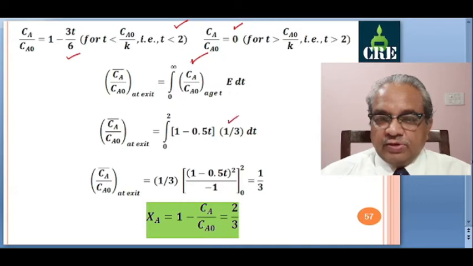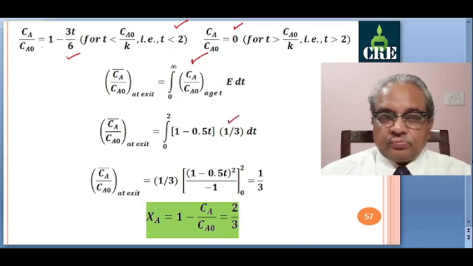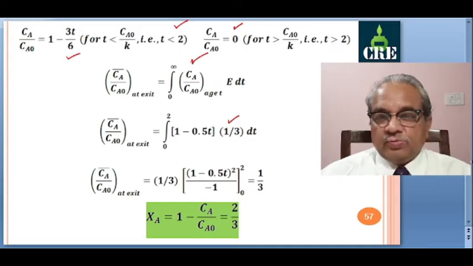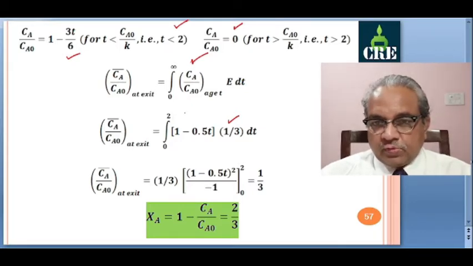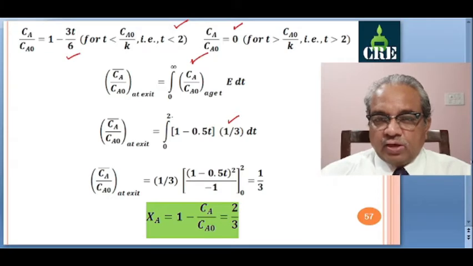E is 1 by 3. This value Ca by Ca0 is 1 minus 3 by 6, that is 1 minus 0.5t. We will carry out integration up to 2 minutes only, though the E curve is given up to 3 minutes. At 2 minutes the reaction will be over. Conversion will be 1 and Ca will be 0.